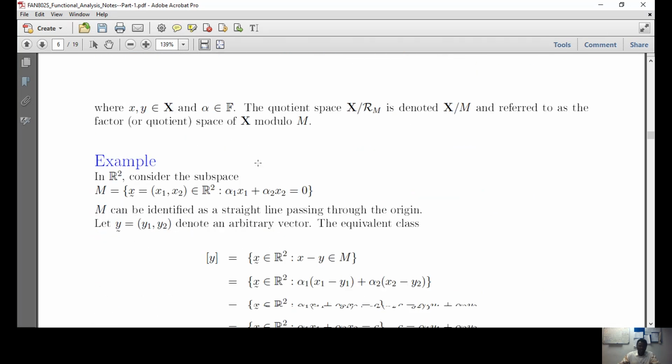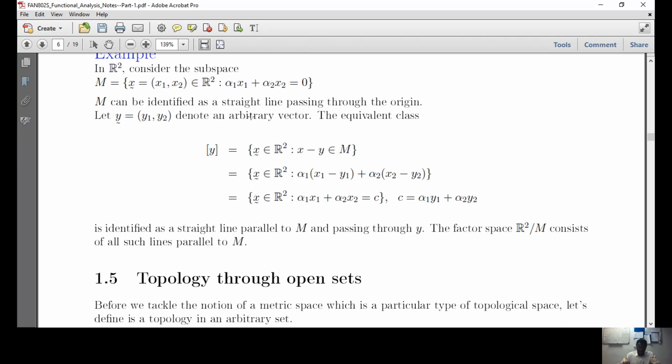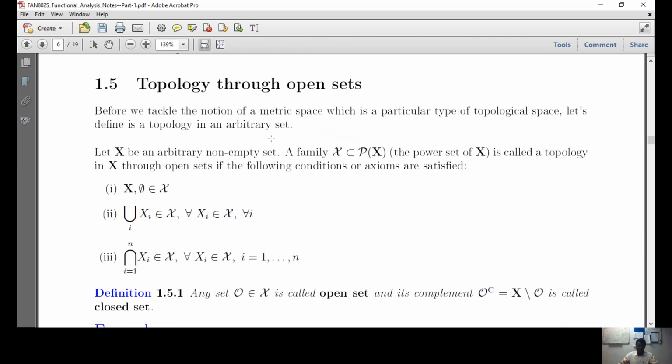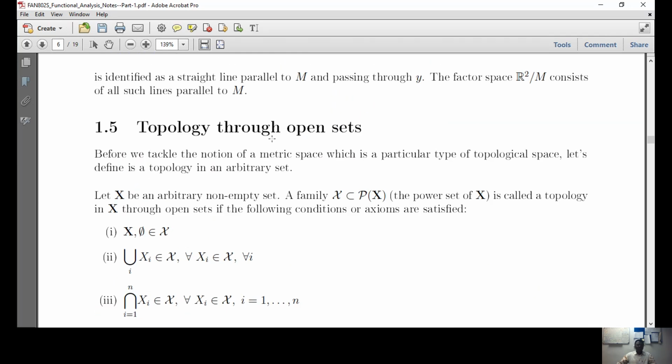All right. So this is an example. You can go through it. I hope you did. Okay. Topology through open sets. We also covered that in one of the previous videos when we were talking about the Borel sigma algebra.